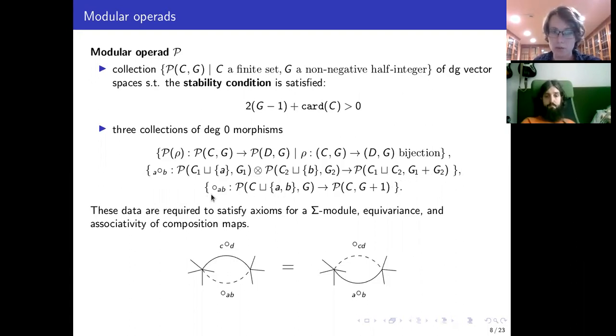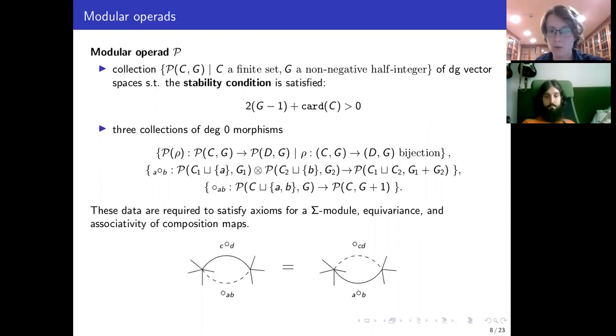And there will be a self-composition, which basically tells us we connect two elements from one component. We get some new component where the G is raised by 1.